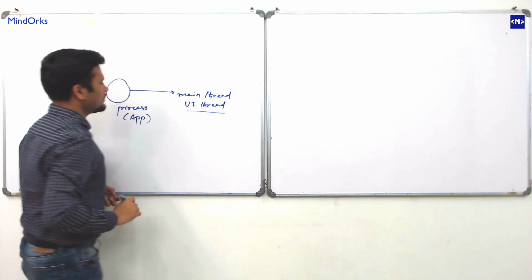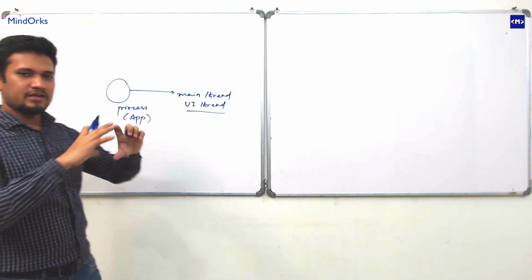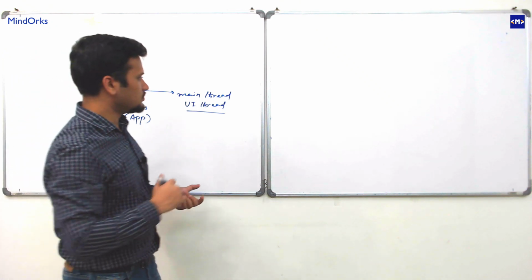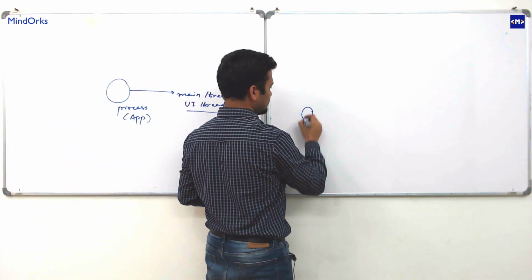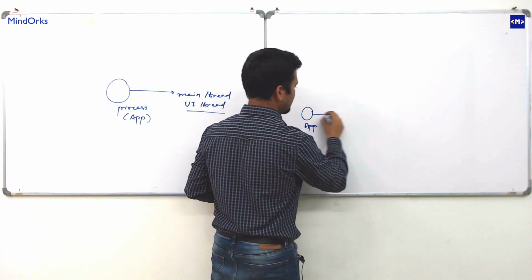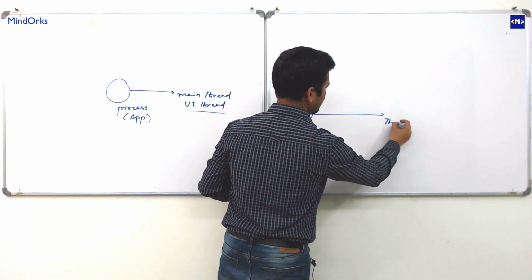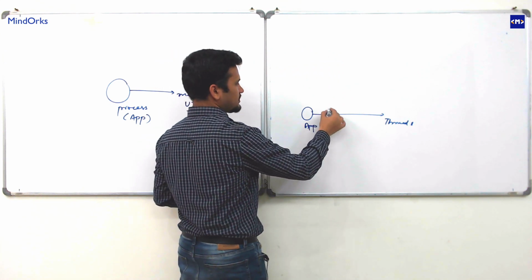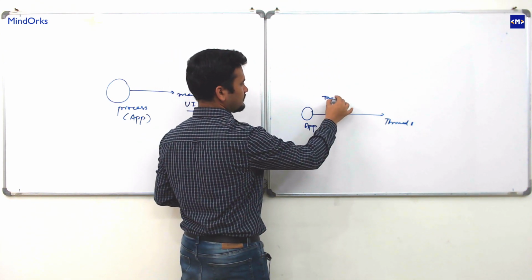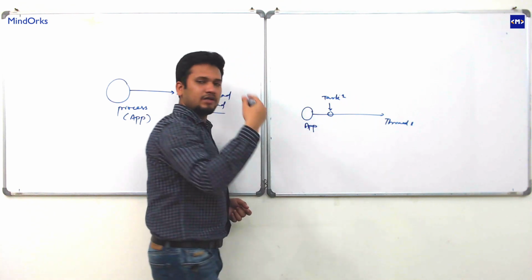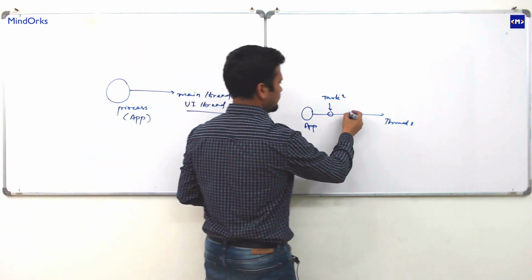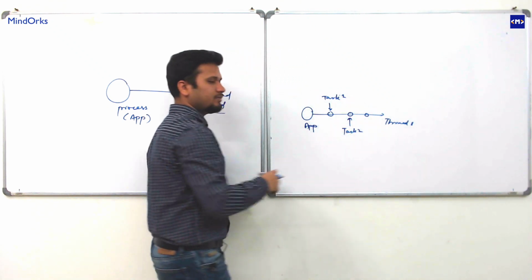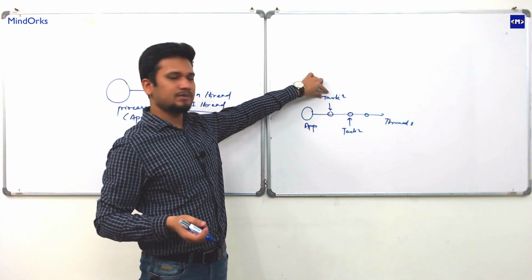Now suppose you create a system where you have just one thread. What will be the challenges with that? Your application has a single thread, thread 1. Suppose you want to execute task 1. This thread will execute task 1. If you want to execute task 2, it will not be executed till task 1 has finished.